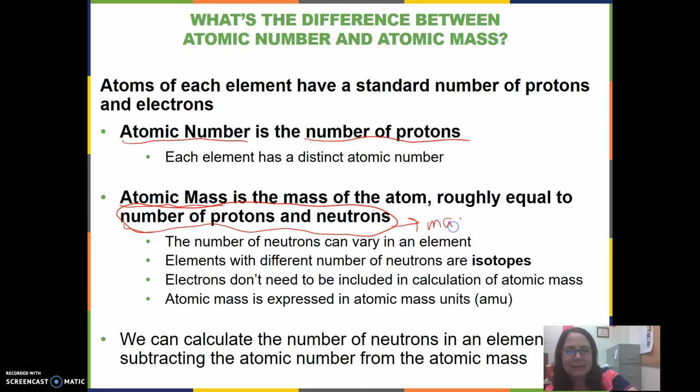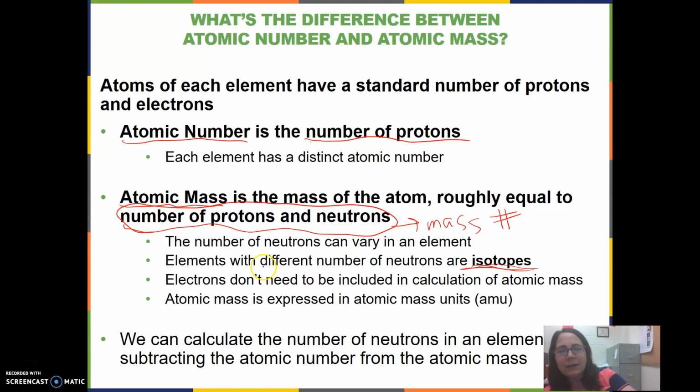The atomic mass is an average of the mass numbers of all of the different isotopes of an element. So that brings us to another definition. If an element has a certain number of protons, and that number can never change, it can have different numbers of neutrons.